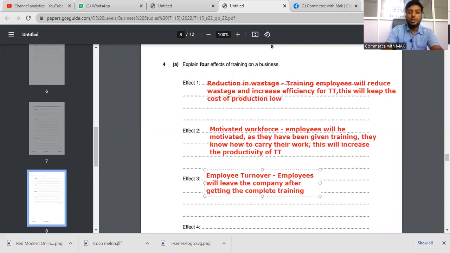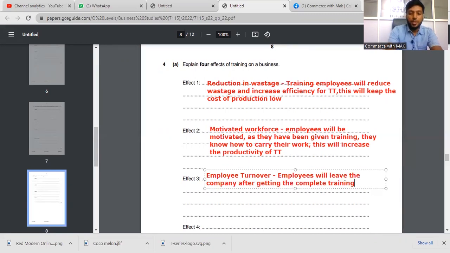This actually is a real burden to the company because the company is losing a lot of money. The company will utilize its resources inefficiently if employees leave.